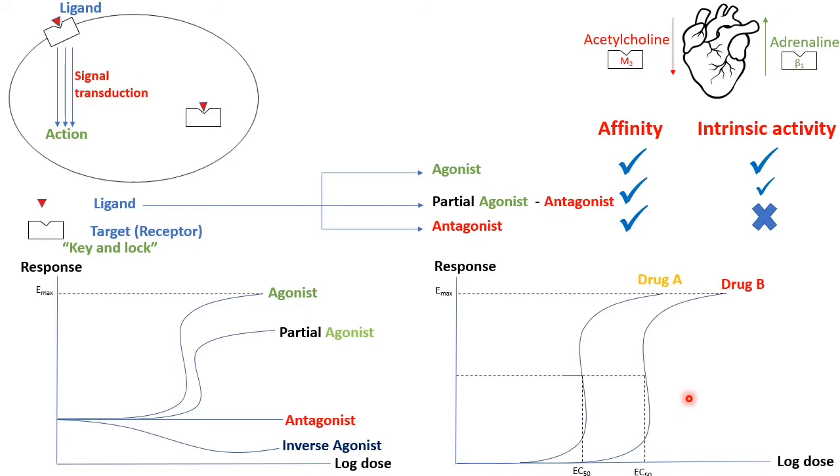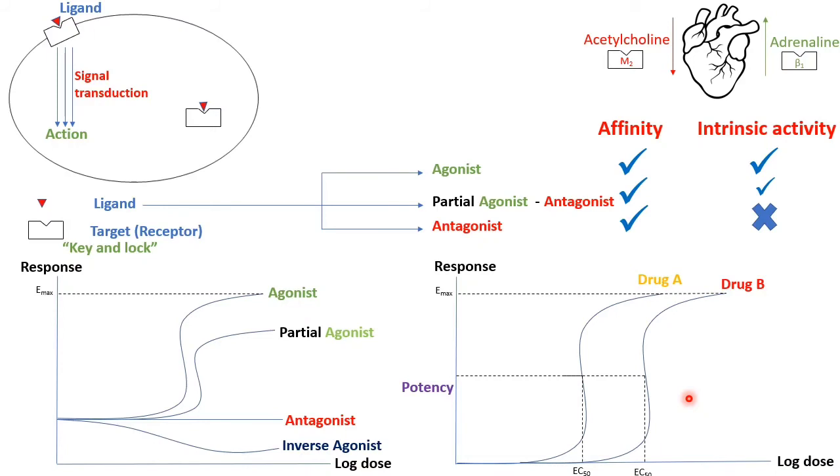EC50 of drug B is larger than EC50 of drug A. So we could get the same response by a lower dose. That is what would make a drug more potent.